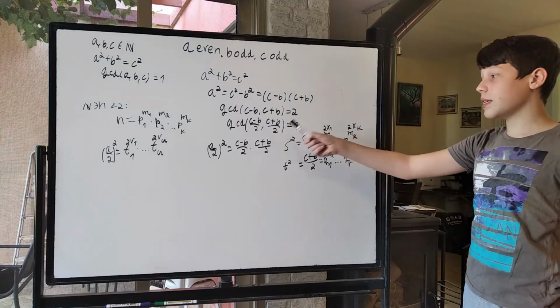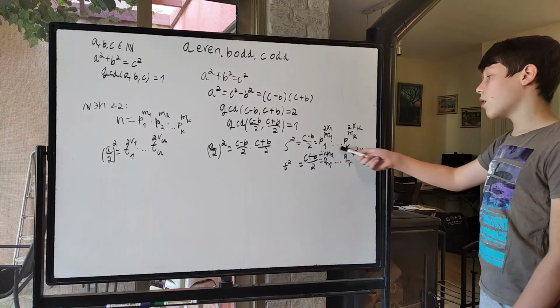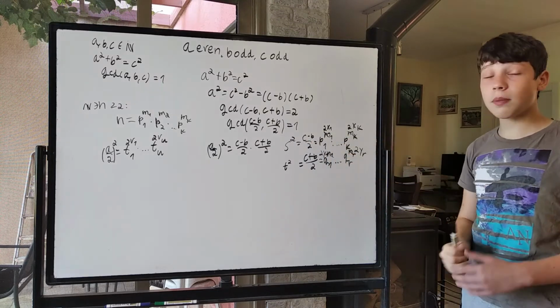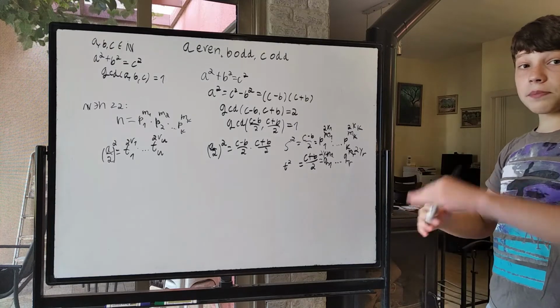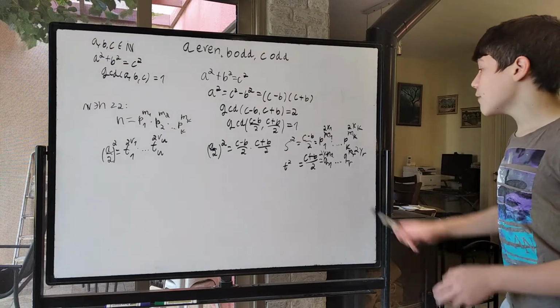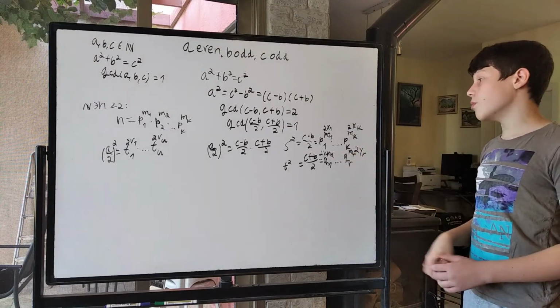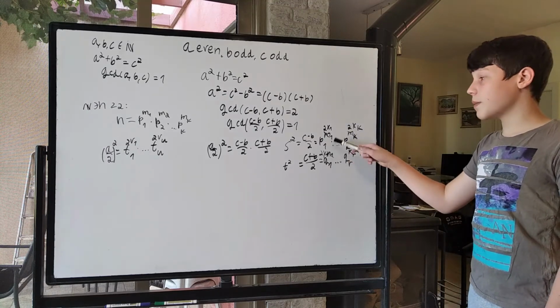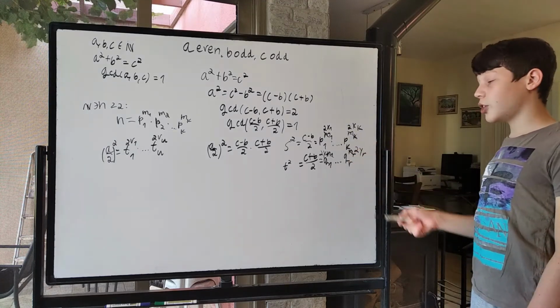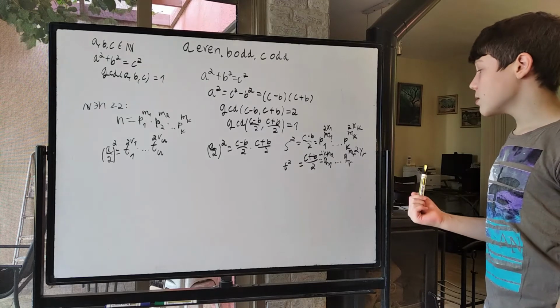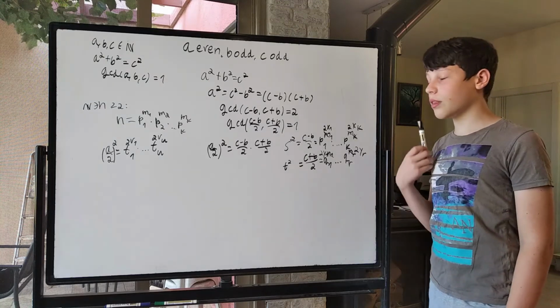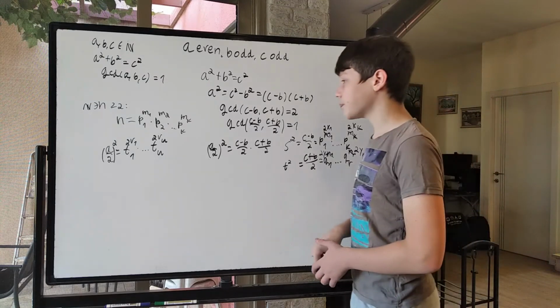And because the GCD is 1, not only are all of the p's and q's distinct by themselves, they're also distinct between each other. If (c minus b)/2 is divisible by 2, if say p1 is 2, then none of the q's, q1 up until qr, can be 2.